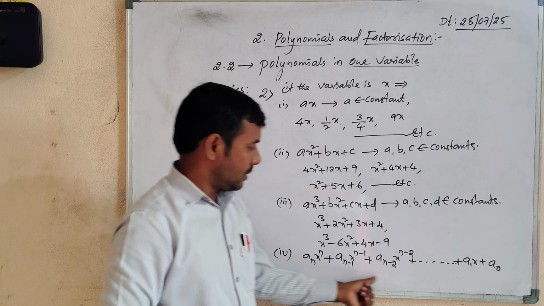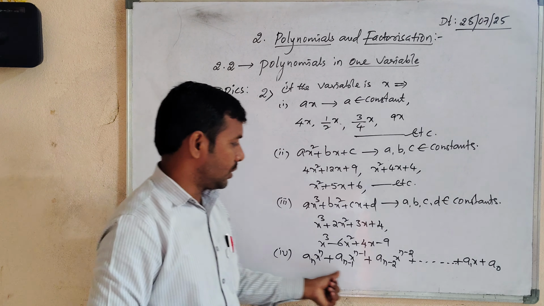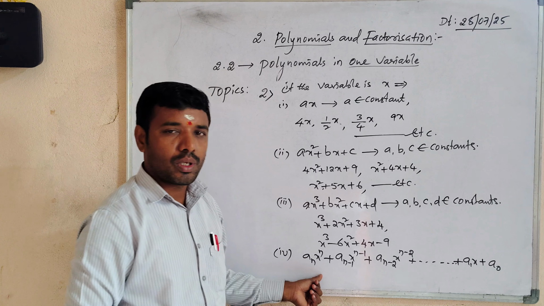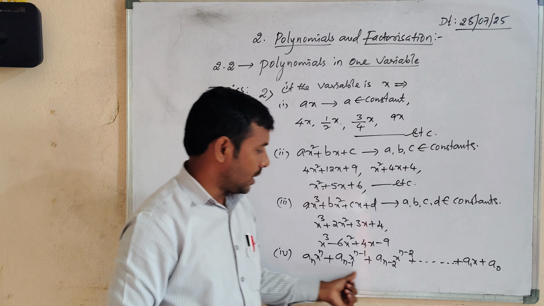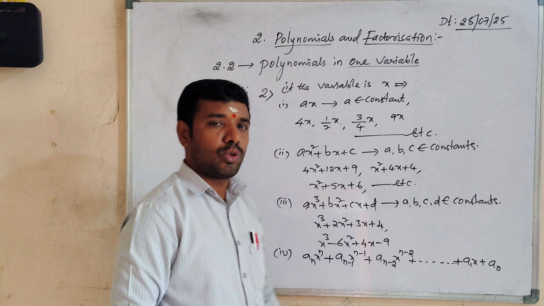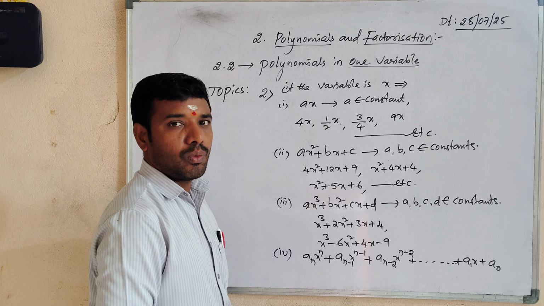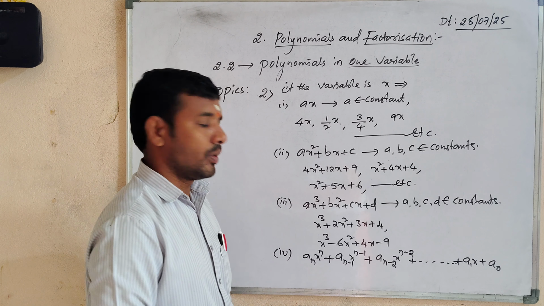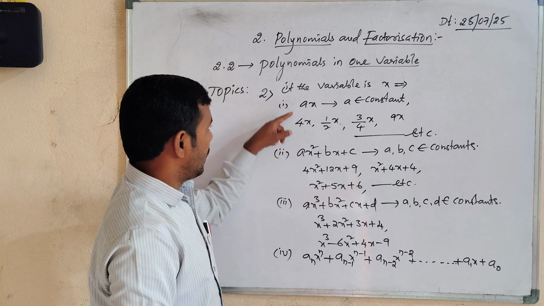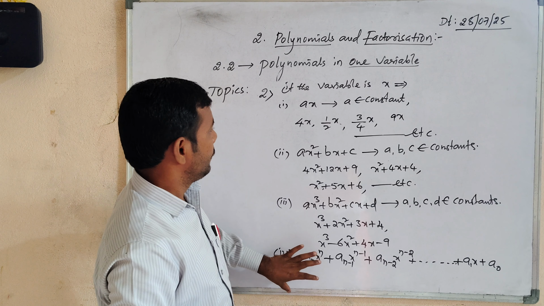So what is this? It is also the general form of the polynomial. Once again, this is the general form of the polynomial which is having one variable. Okay? I think there is no doubt at all.